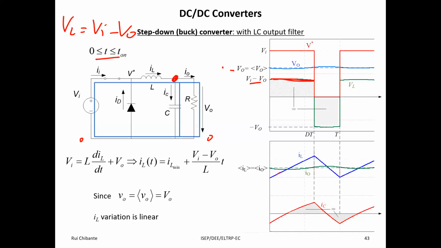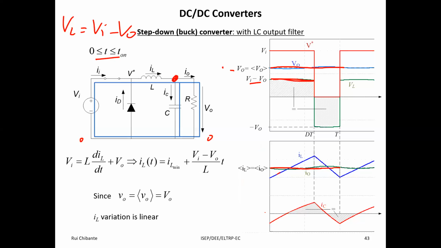Now look, if the load is a resistor, as it is represented here, and we are assuming that the output voltage is constant, then by Ohm's law, the output current is also constant. Noting that in this representation of the currents, zero is here.